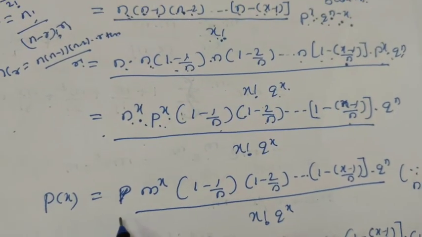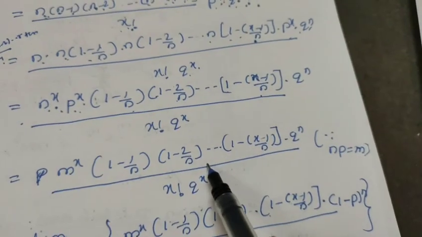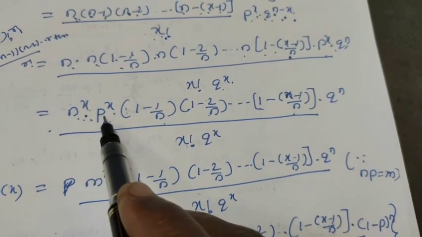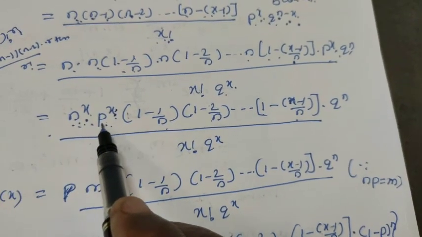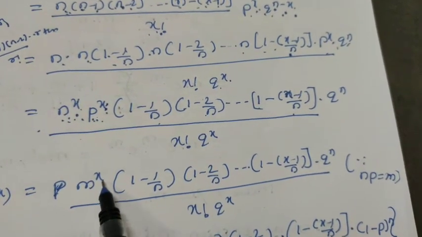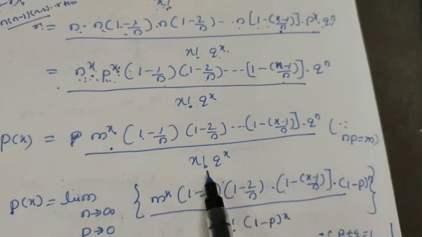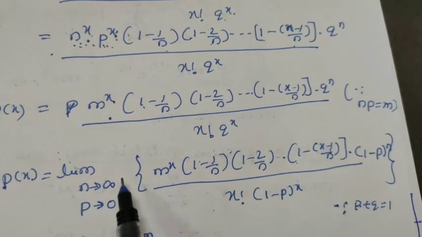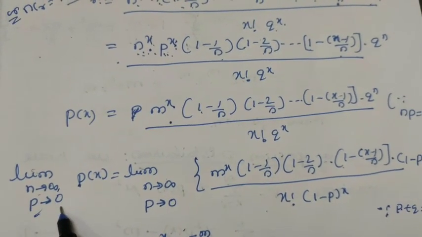So this p of x is equal to, here n raised to x into p raised to x is nothing but n into p raised to x, and we know n into p is equal to m. It is m raised to x, and the remaining terms you write as it is, divided by this whole thing as it is. So let us apply this limit as n tends to infinity and p tends to 0.